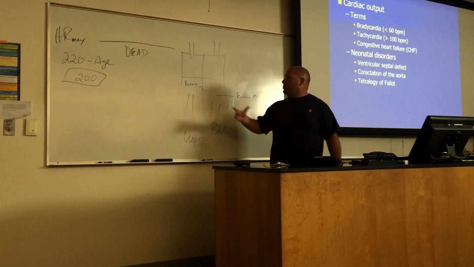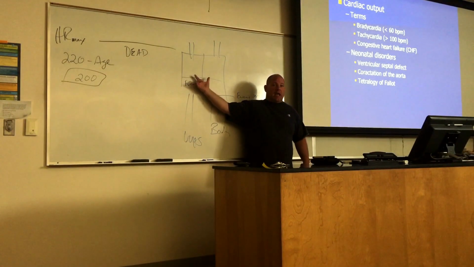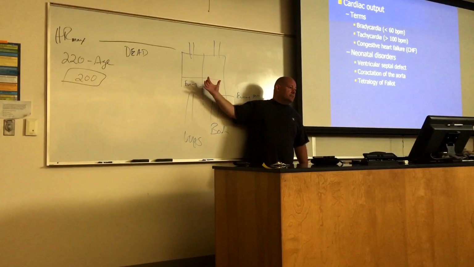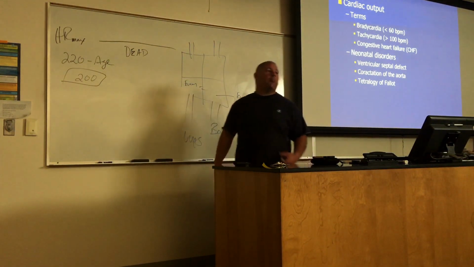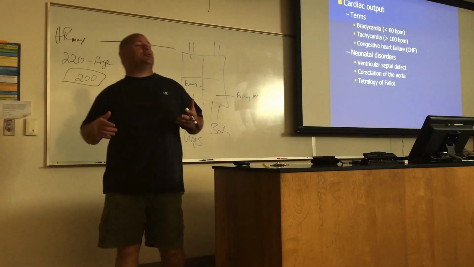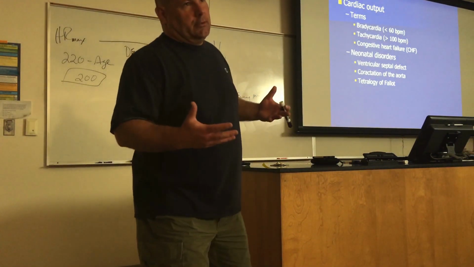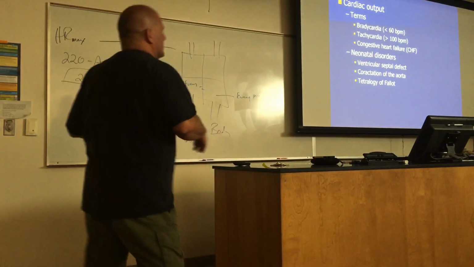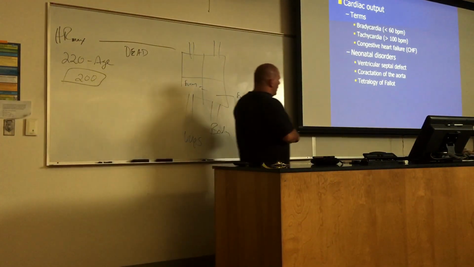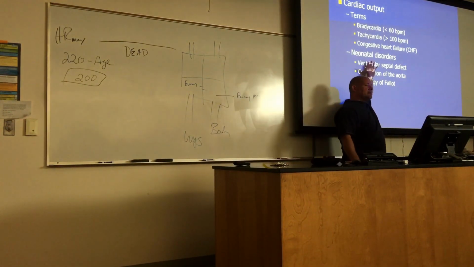Now remember that these are pumps. And if one starts to fail, it's going to put increased work on the other pump, which means the other pump is going to have to work harder, and it'll eventually do what? Fail. So early on, it's not uncommon for somebody with congestive heart failure to just demonstrate signs and symptoms of left-sided failure.